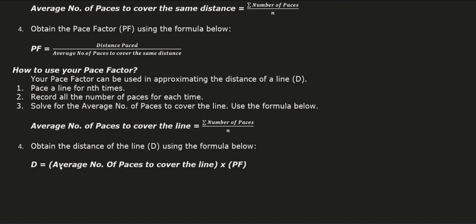D is equal to the average number of phases to cover the line times the given phase factor. So, you get the distance of your line. We will apply this later in our sample problem.